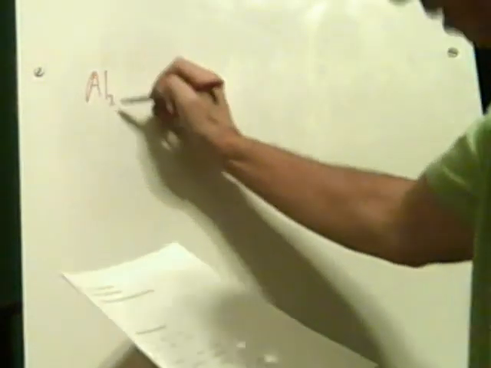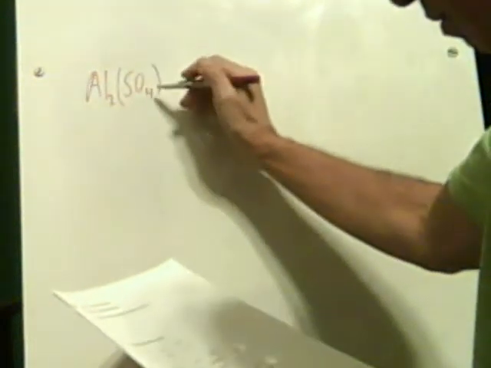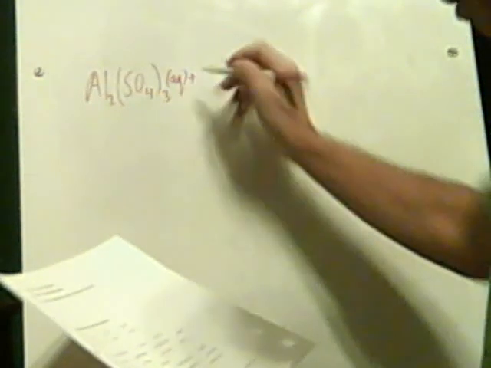Okay. Last one. Al2(SO4)3. This is some sort of aluminum sulfate. It's dissolved. And that's combined with a barium nitrate, also dissolved.